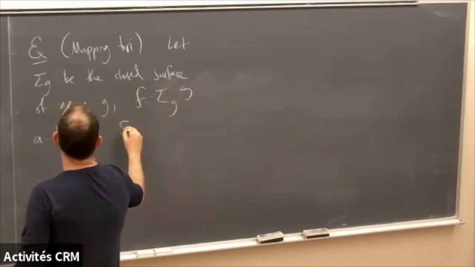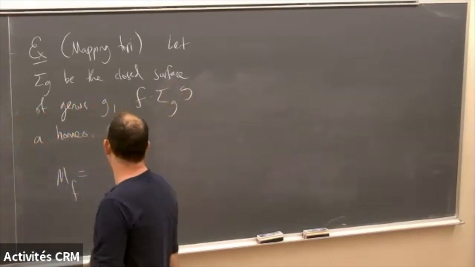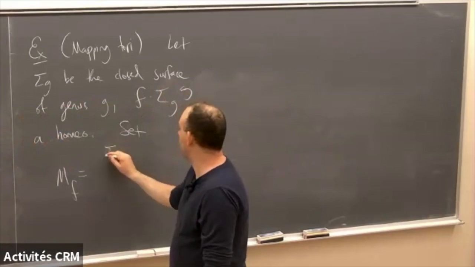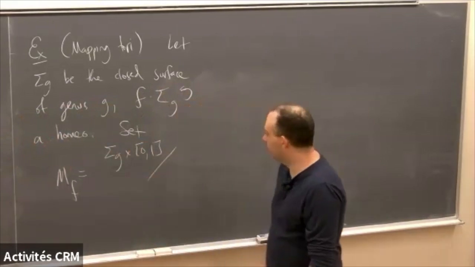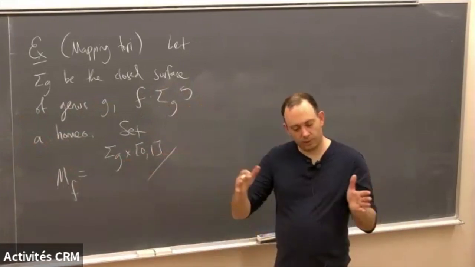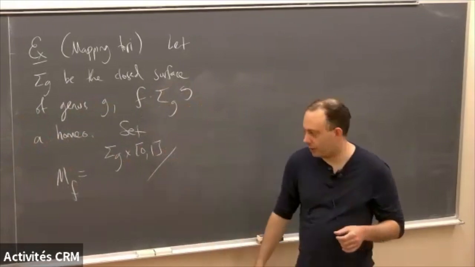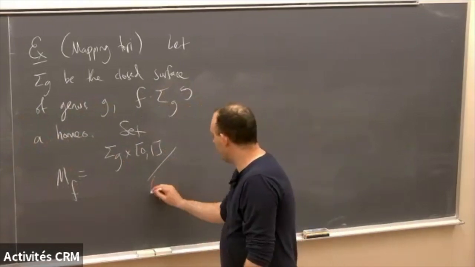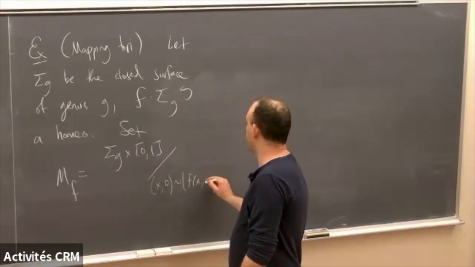Then we set the mapping torus of f to be: you take sigma g crossed with the interval [0,1], which is a manifold with boundary, and the boundary is two copies of sigma g, and I'm going to glue them together via f. So x0 gets identified to f of x1.